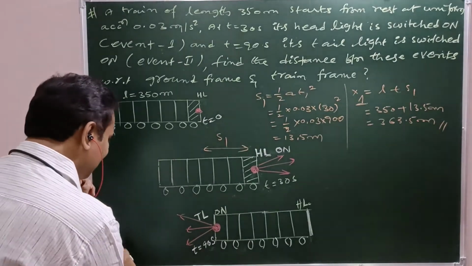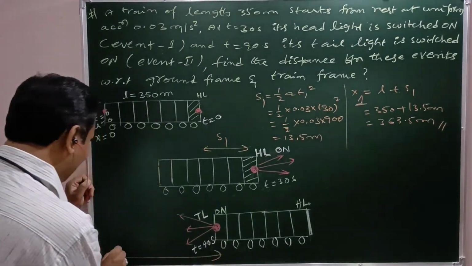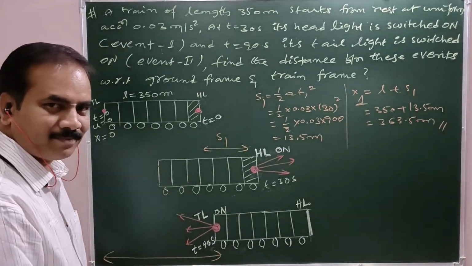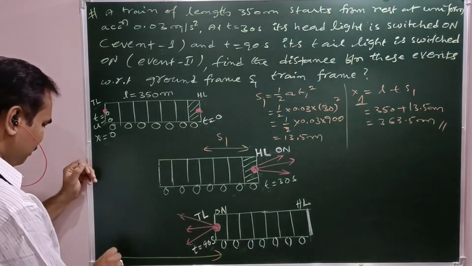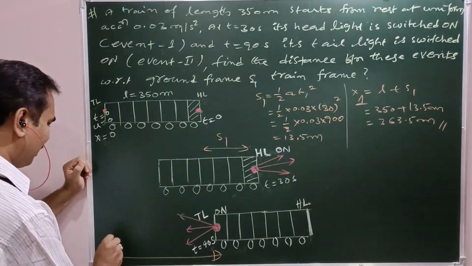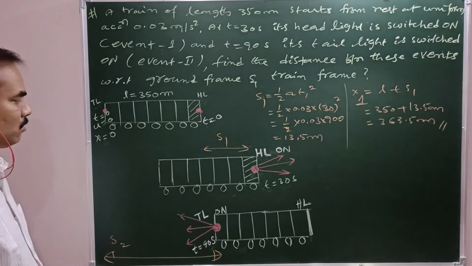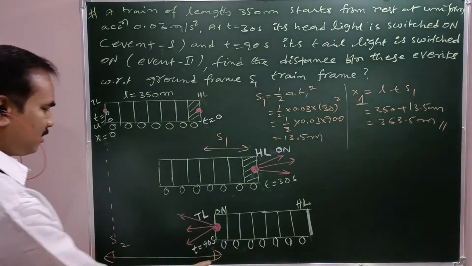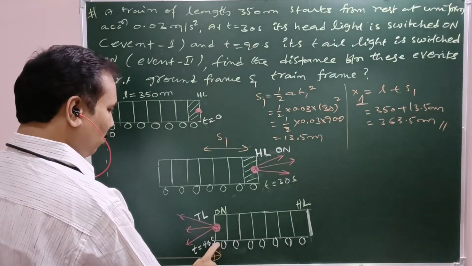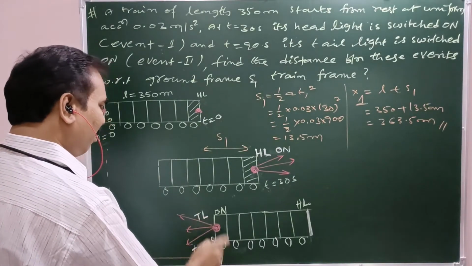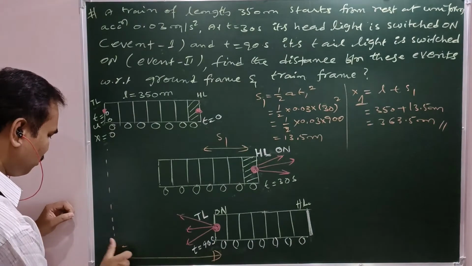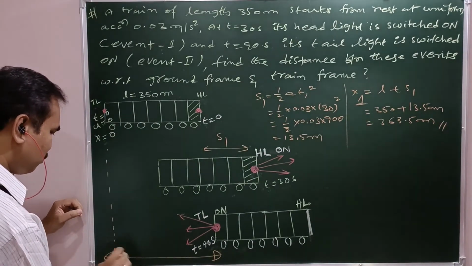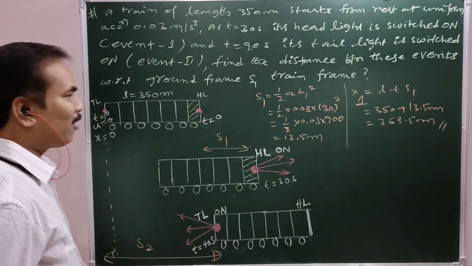This is the distance covered by the tail light along with the train, that is S2. From here to there, this is x equal to 0. So this is S2.